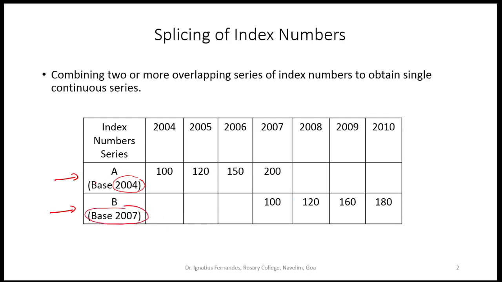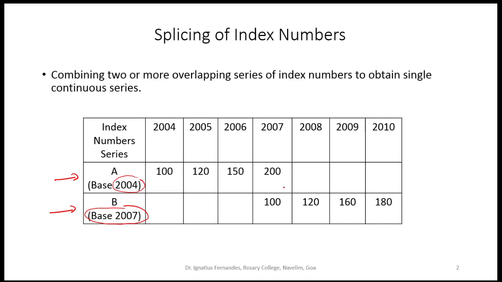So we have two series of index numbers here, series A, series B, and they overlap at 2007. It is something like from 2004 to 2007, index numbers are constructed with base as 2004, and then in 2007 the base was changed for all the subsequent years, and from 2007 to 2010 the index numbers were constructed based on 2007 as the base.